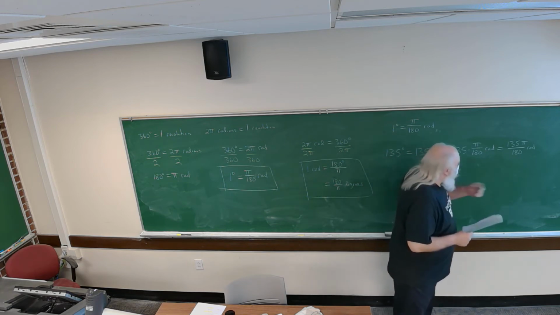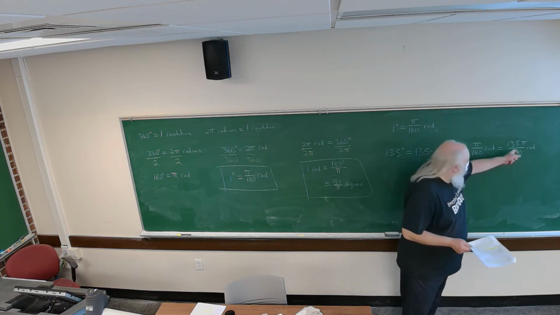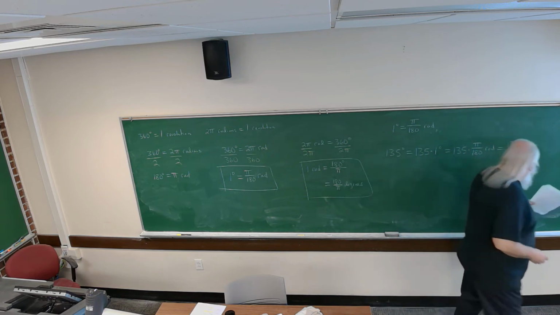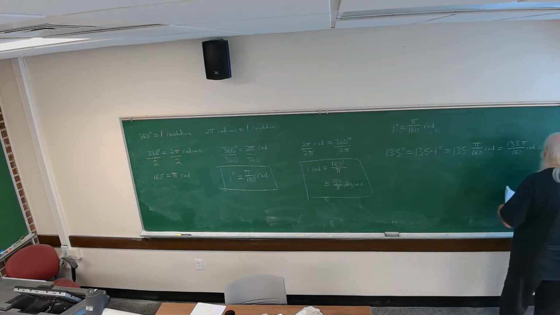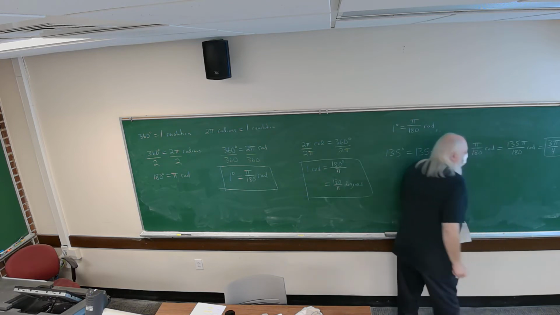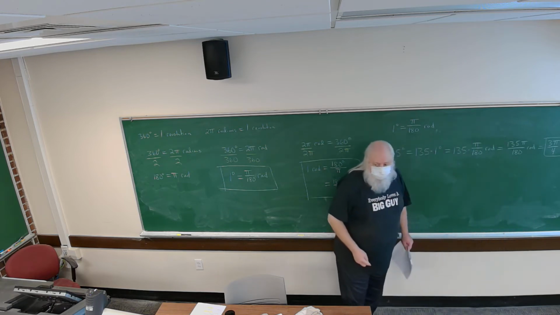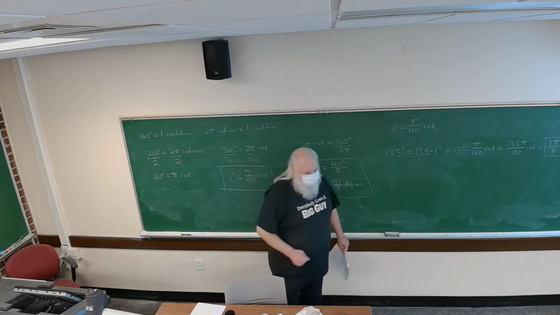The numerator and the denominator are both divisible by 45. So when I divide the numerator and denominator by 45, I get 3 pi over 4 radians. So 135 degrees and 3 pi over 4 radians are the same angle. Okay? Just measured differently.